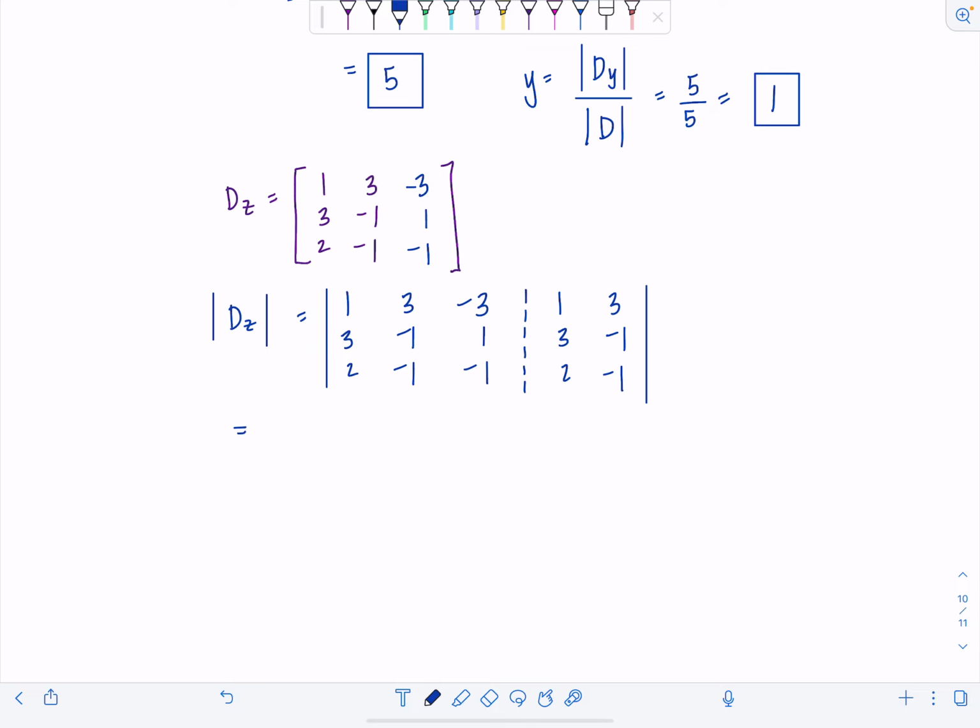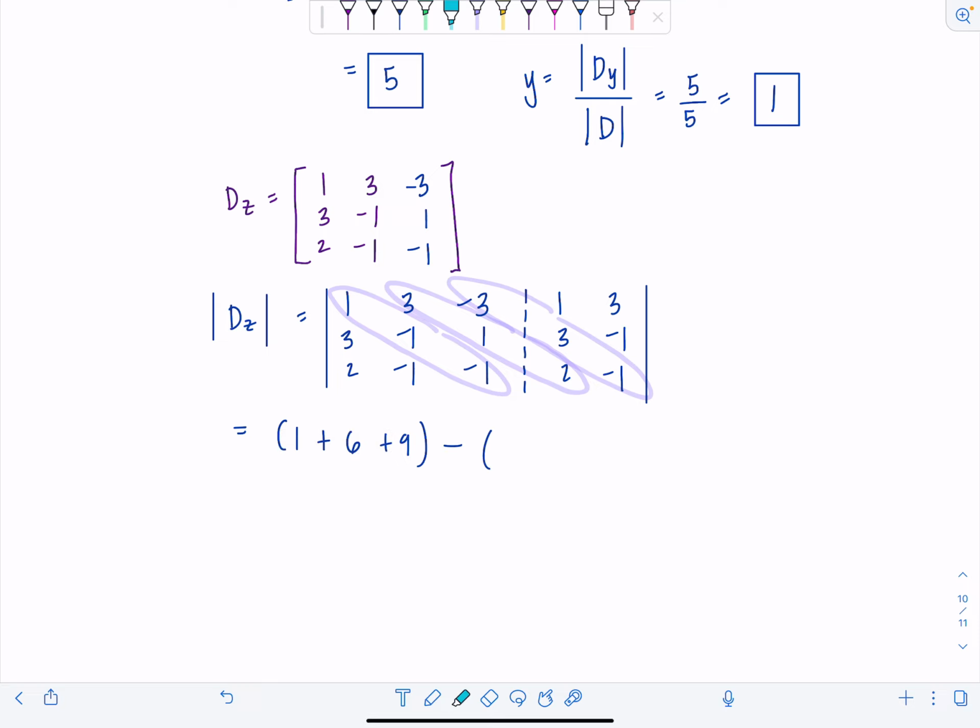Beautiful. Let's see. So we've got, I like to draw them in first before I get going. 1, 2, 3, there we go. So 1 times negative 1 times negative 1, that's 1. 3 times 1 times 2, 6. Negative 3 times negative 1, positive 9.